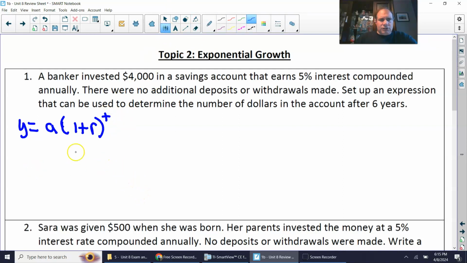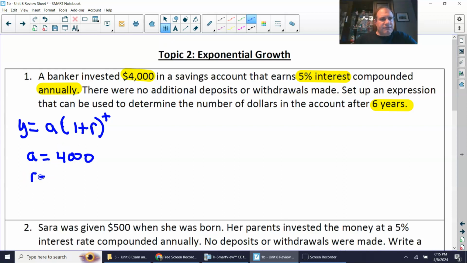So the first thing that we always do in class is to identify the initial value. So invested $4,000, that's the initial value. The 5% interest compounded annually, that's very important. And then the time, 6 years. So we have A is 4,000.